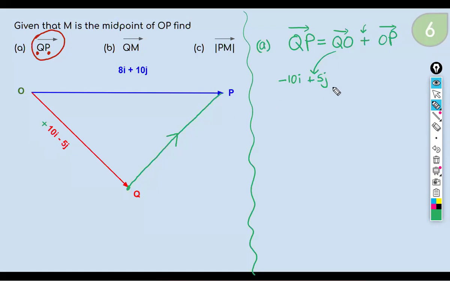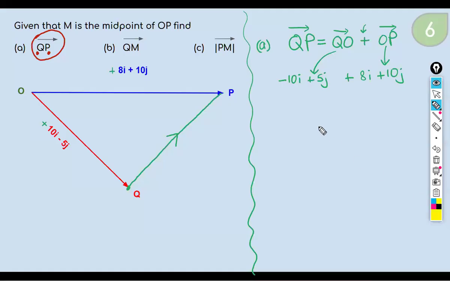Minus 10i plus 5j. And OP is with the arrow. Remember, this 8i is really positive 8i, so it's positive 8i plus 10j. For the blue road, we are walking in the direction of the blue road with the arrow, so we don't change any signs for the blue value.